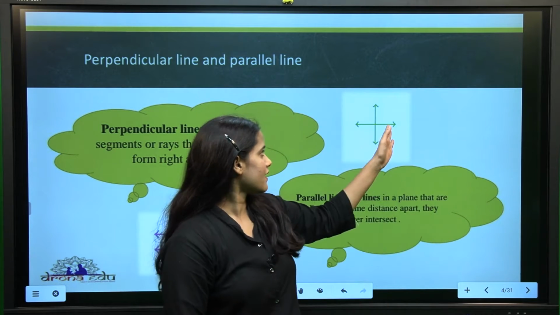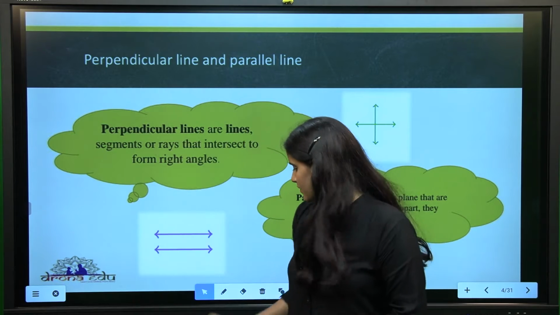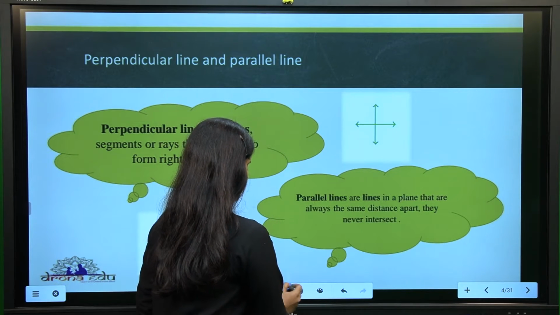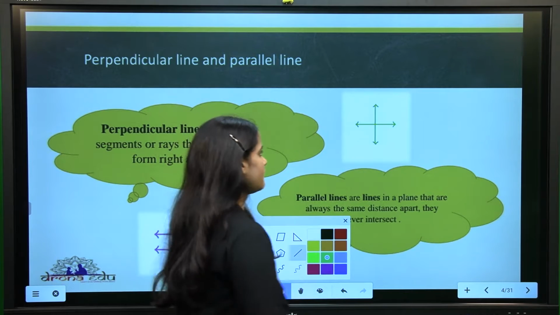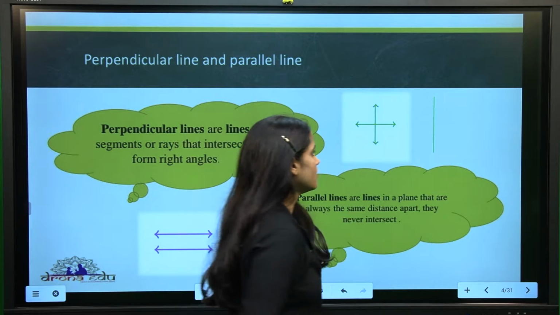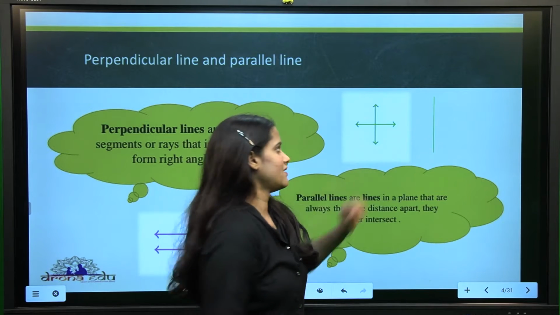So, I have taken a diagram. Always remember, if I draw a line like this, this is not a perpendicular line.